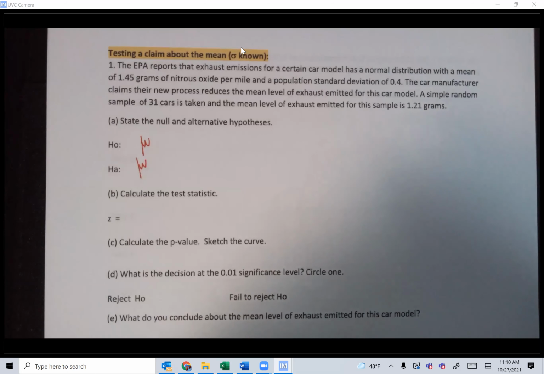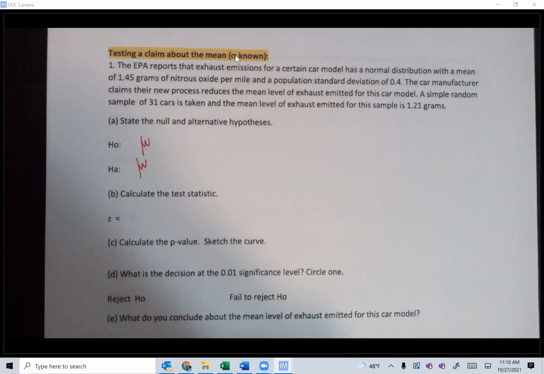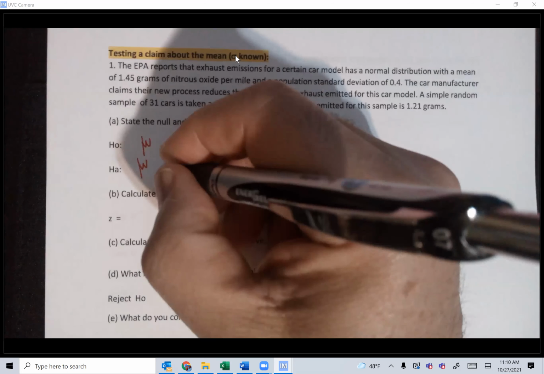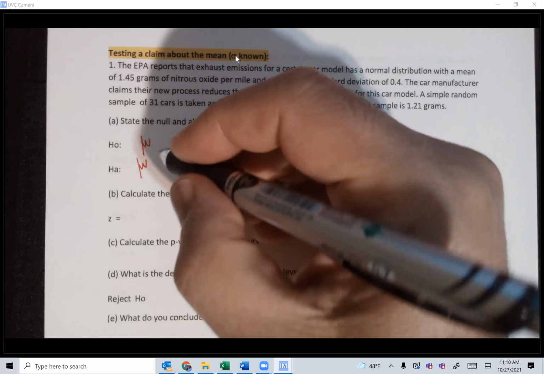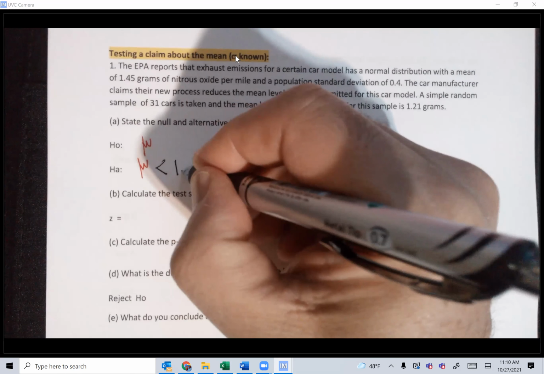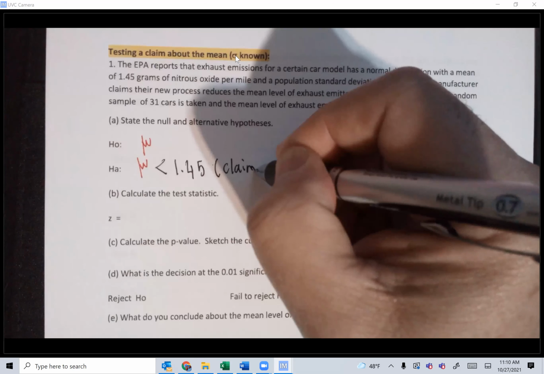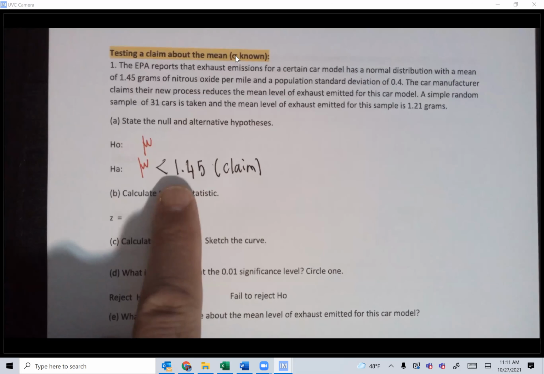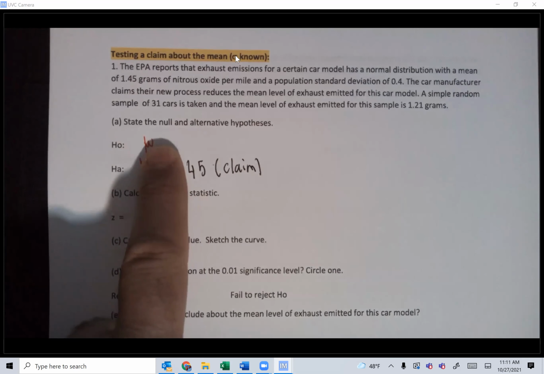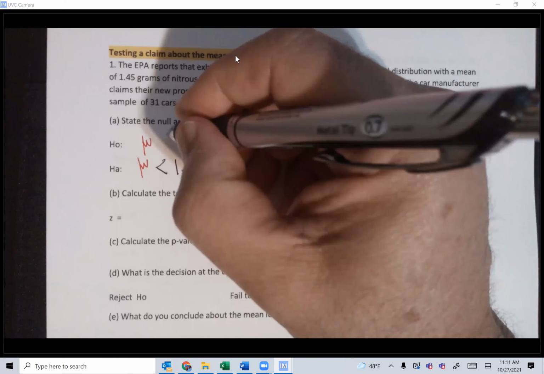Yes, less than, I agree. That's the claim. And once you write the alternative hypothesis, you know the null has to be the total opposite, which is greater than or equal to.